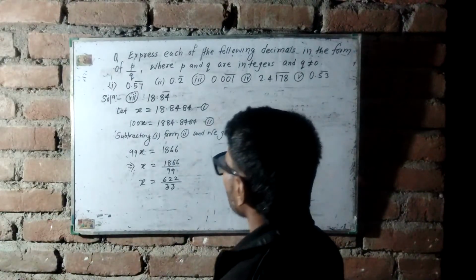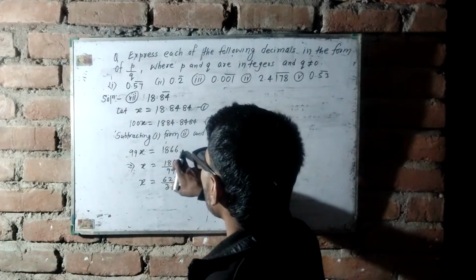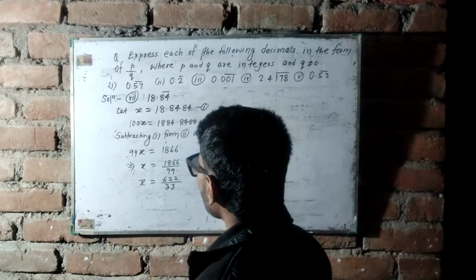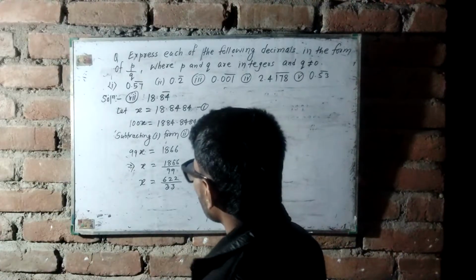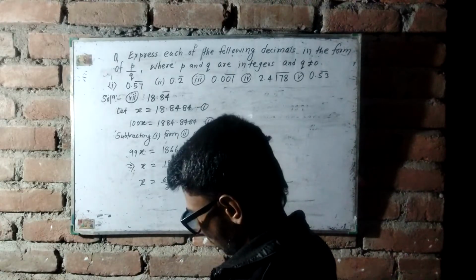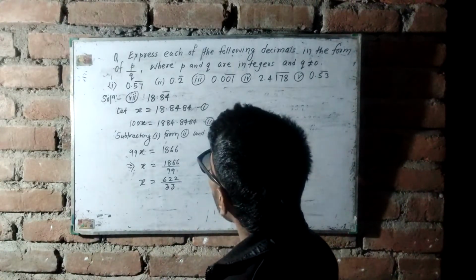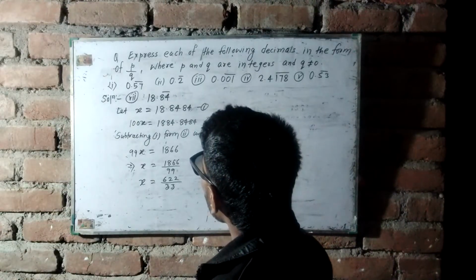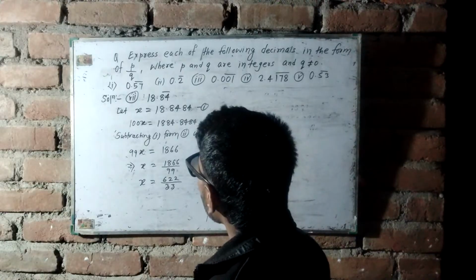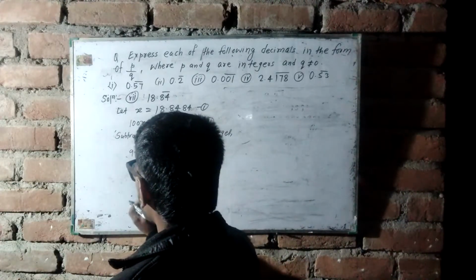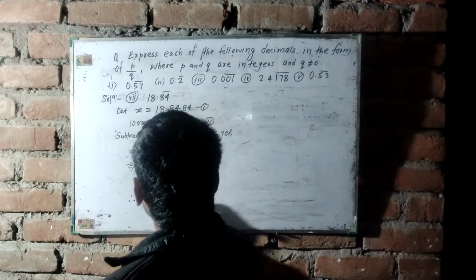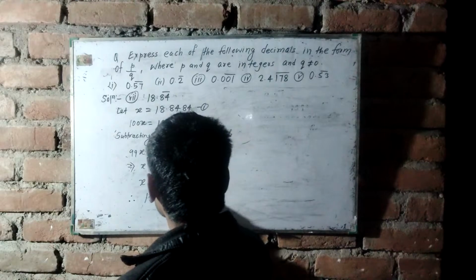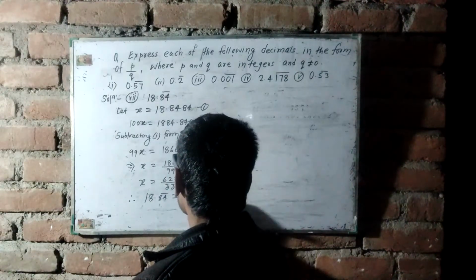Okay, yes, now you can write 18.84 over bar 84 is equal to 622 upon 33.